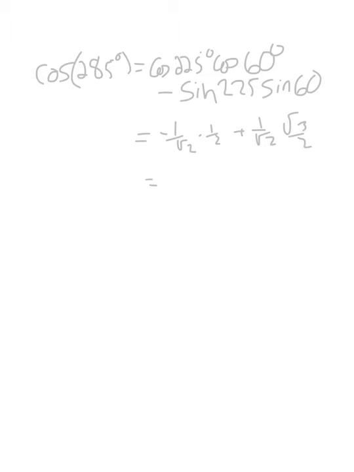So this time they're different signs. You'd have root 3 minus 1 over 2 root 2, which is a perfectly good answer. Or if you care to rationalize it, it would be root 6 minus root 2 over 4.